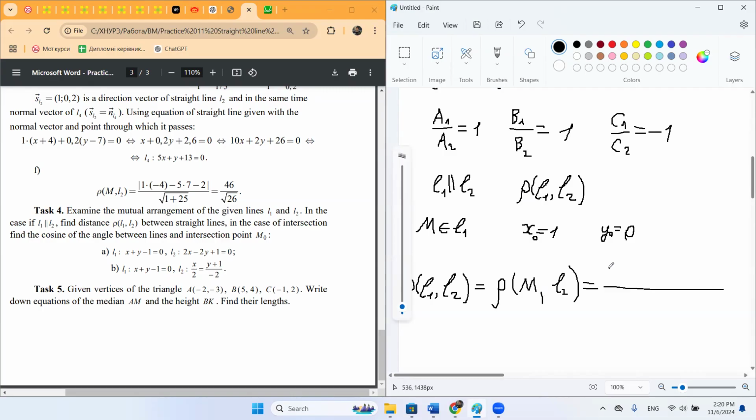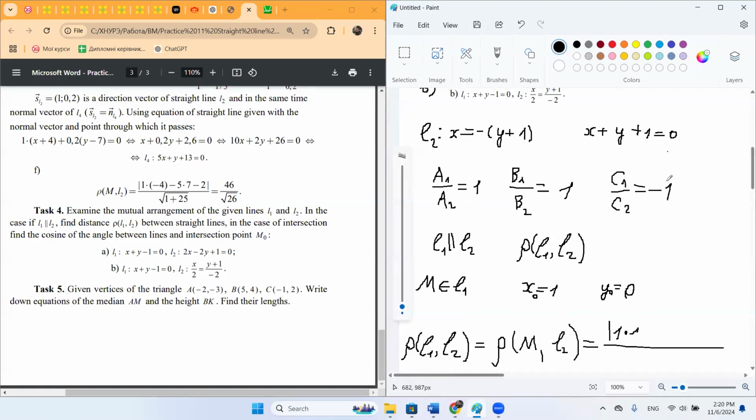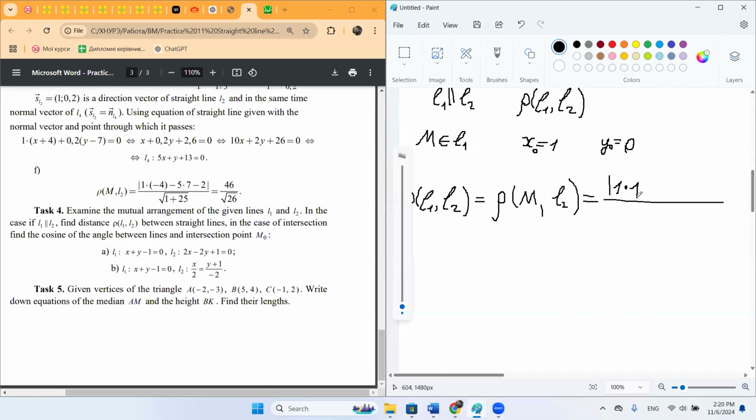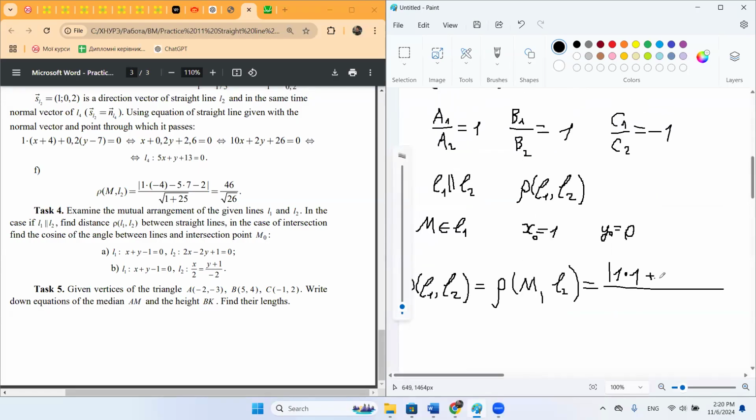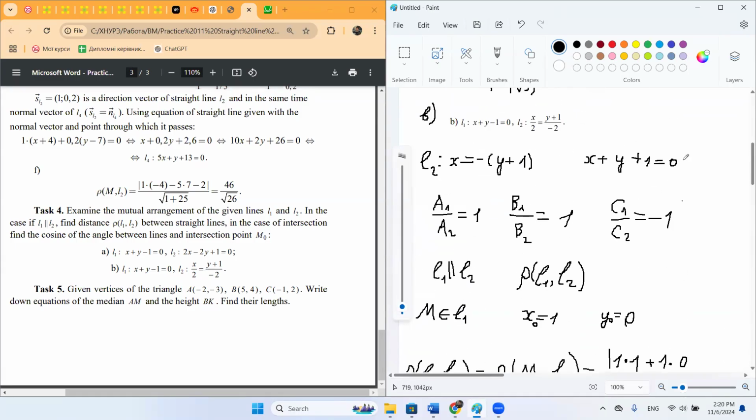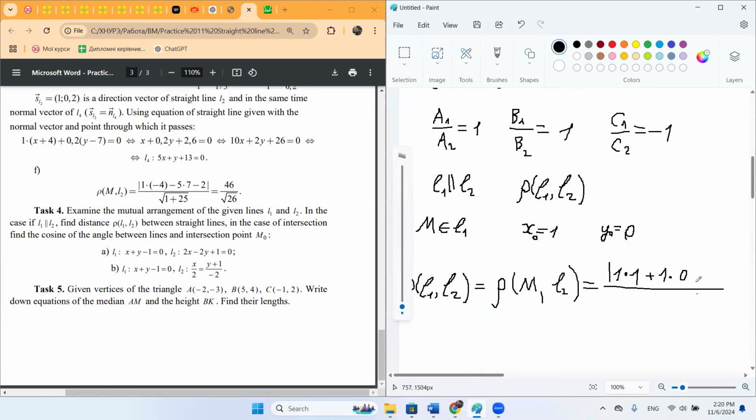So we need to find the magnitude of A2 multiplied by x0, but anyway, they are equal, plus 1 multiplied by 0, and C2 equals 1, so plus 1.